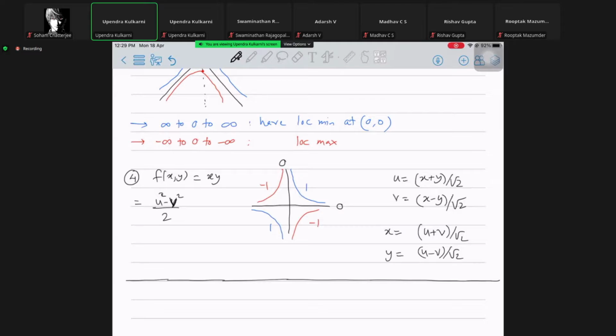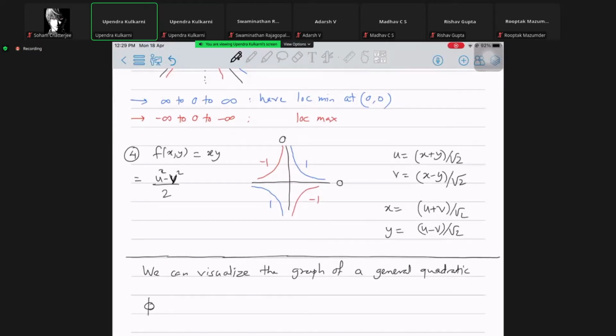All right, so we can say that we can visualize the graph of a general quadratic.